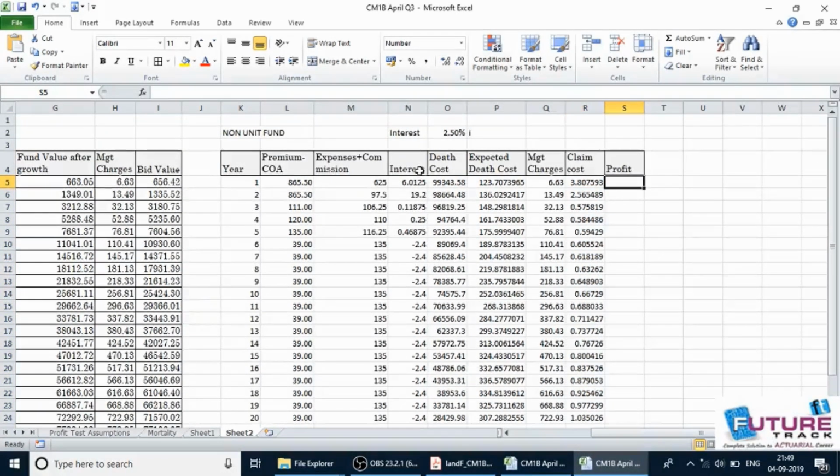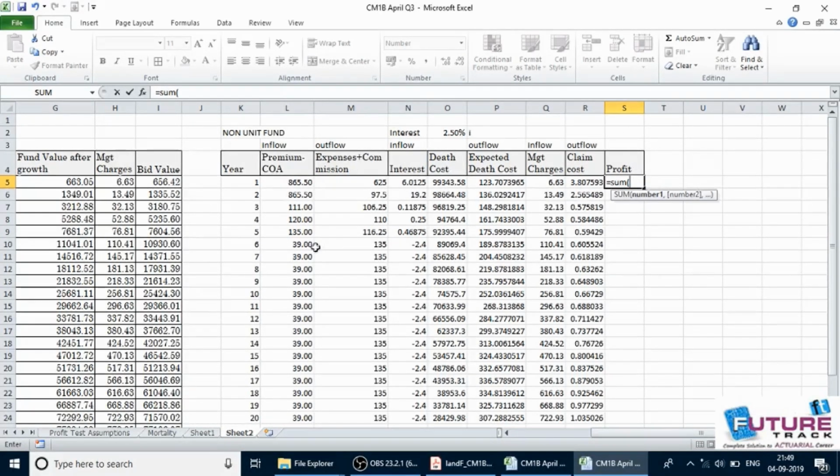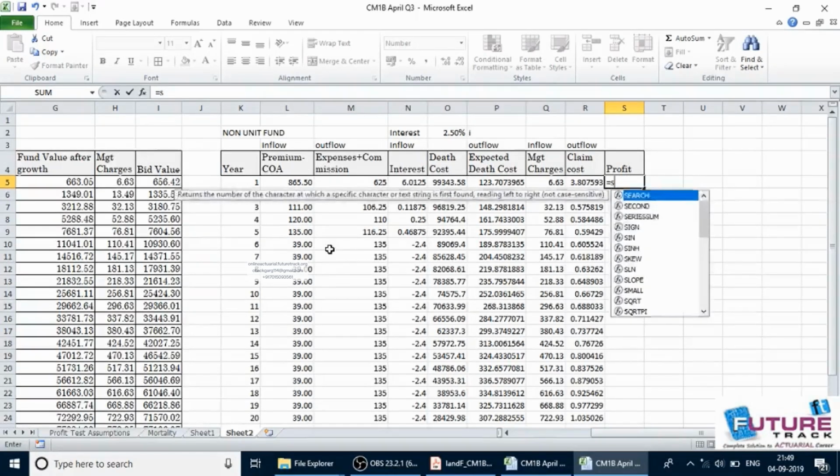Now to find profit, see, this is my inflow, this is my outflow, again this is my inflow. Expected cost is outflow. This is my inflow. And this is my outflow. So to find the profit, it is the sum of inflows and outflows, or you can directly add plus or minus.